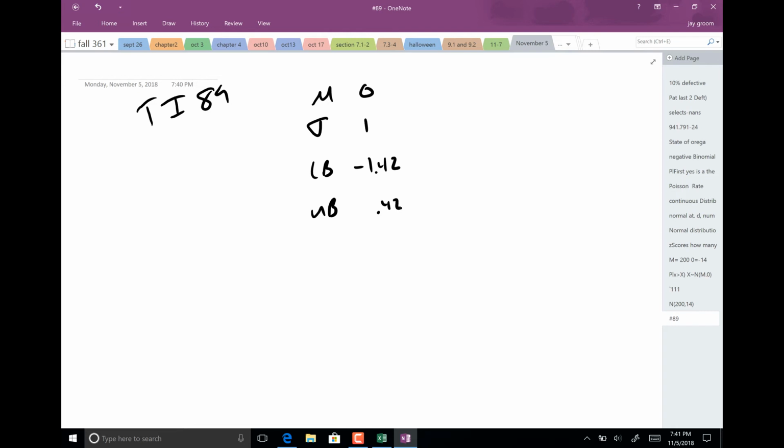I just have to remember what I'm supposed to type in: negative 1.42, comma, 0.42, just like that. If you leave it blank, it assumes z-scores, but if you did comma, 200, comma, 14, that would screw this answer up. You could put it in, but that's what I like about that one, because the default is standard normal.